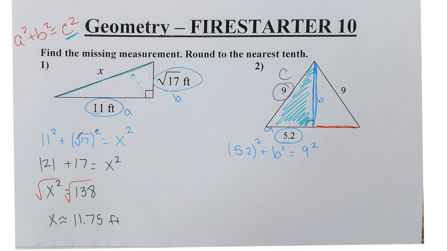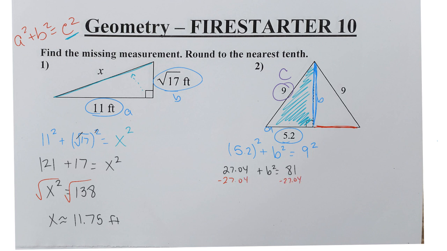But we're going to do it this way. So I do 5.2 squared in my calculator, it gives me 27.04, so I just write 27.04 plus b squared equals 81. Now I'm going to minus 27.04 from both sides.